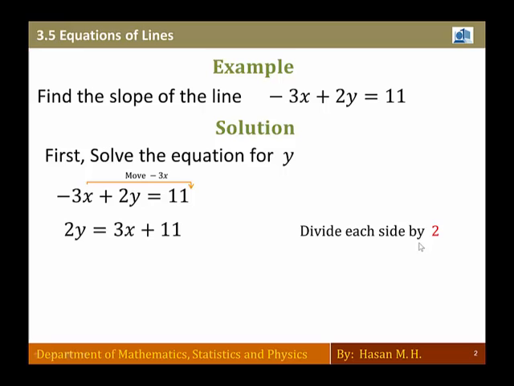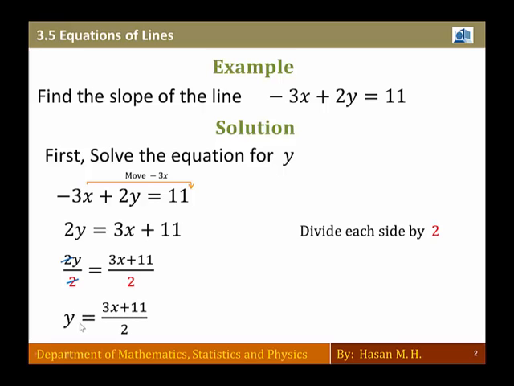Divide each side by 2. 2y over 2 equals (3x plus 11) over 2. Cancel out 2 and 2.